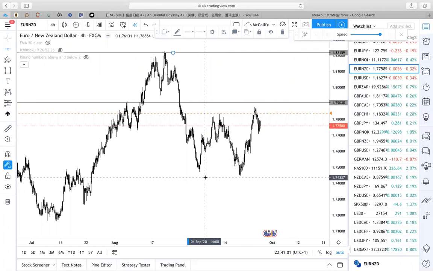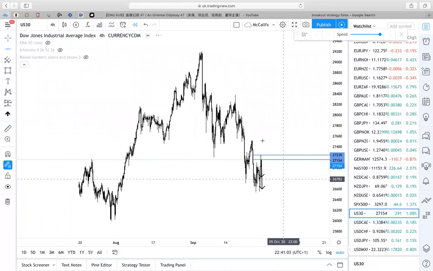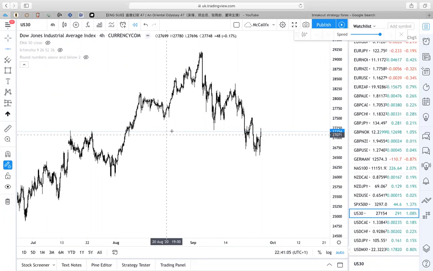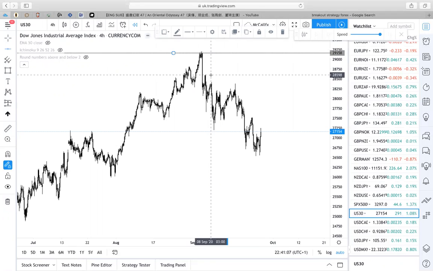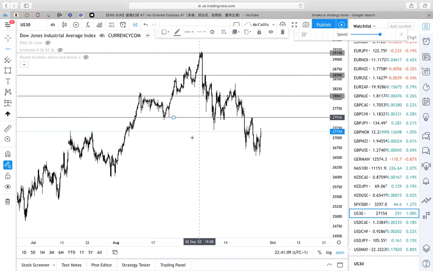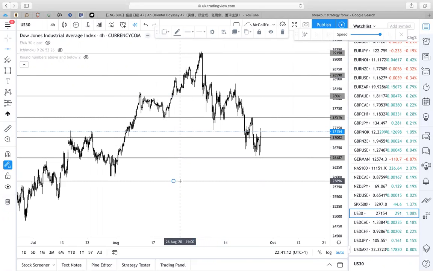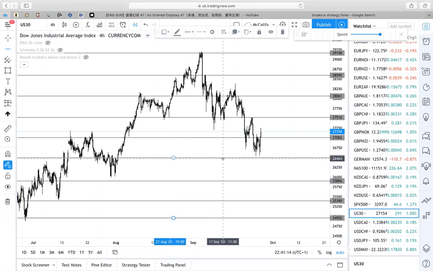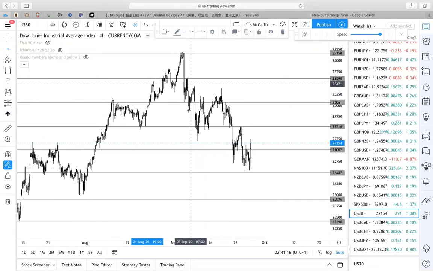Because what people usually do, with US30 for example, is what I used to do: I used to have lines all over this. And as you can clearly see, the market is basically reacting to this line. But look, price is here. I don't need this line, I don't need this one, I don't need this one. I need my closest level. So if price is approaching this level, then I'm waiting for a rejection.